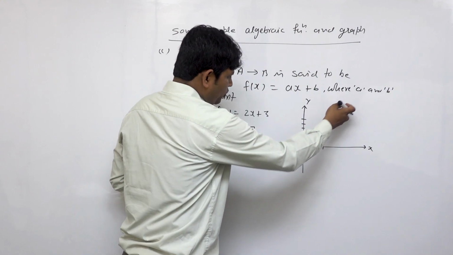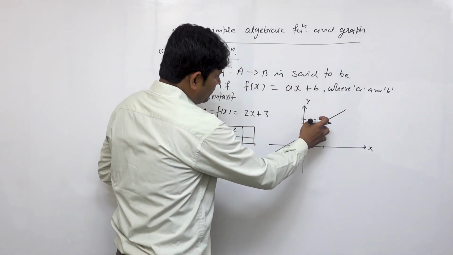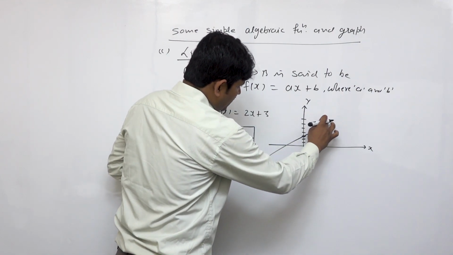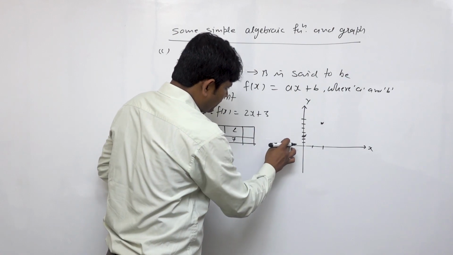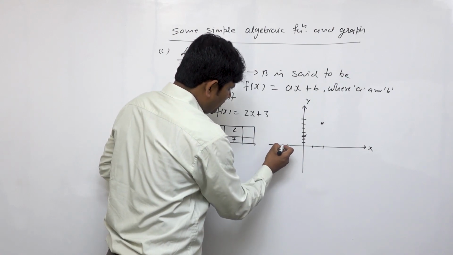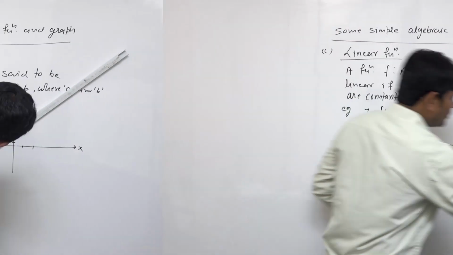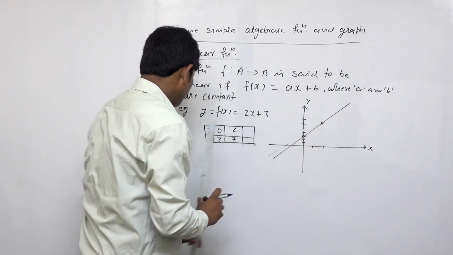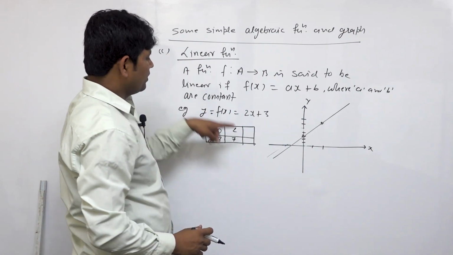We have to join with the ruler. I will use the ruler to join. If you have a ruler, you can join this with the ruler this way. This way we can draw the linear function graph.